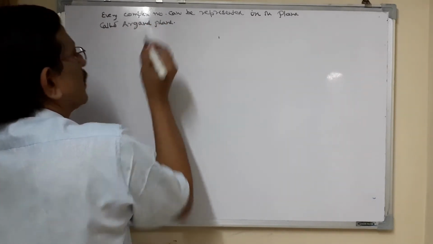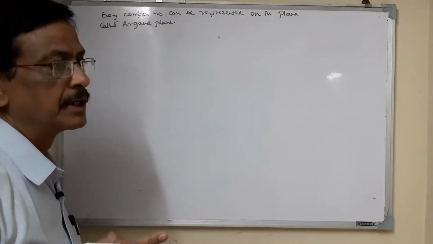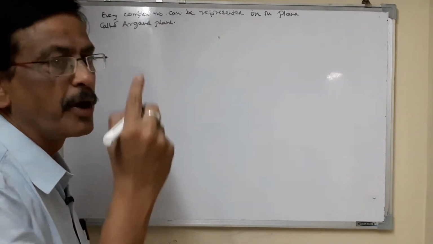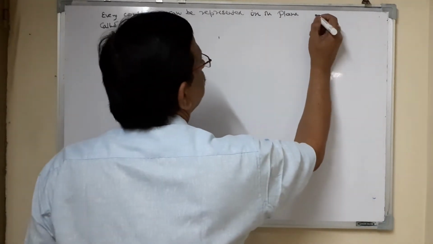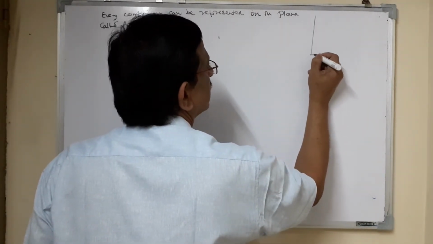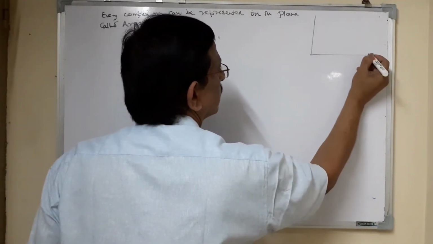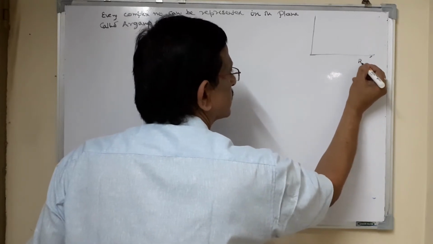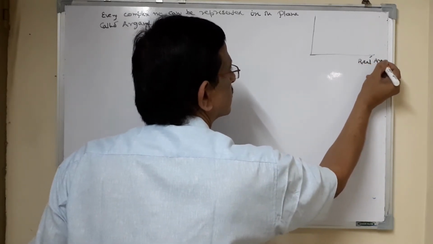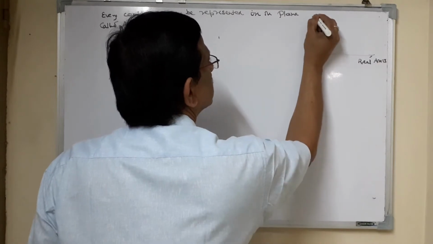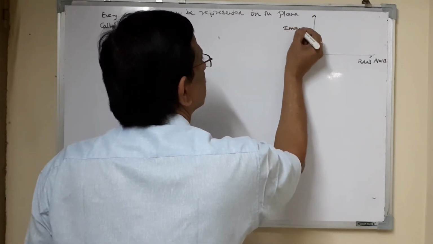So every complex number can be represented as a point on the plane. Now we don't write x-axis and y-axis. This is the real axis, and this is the imaginary axis.